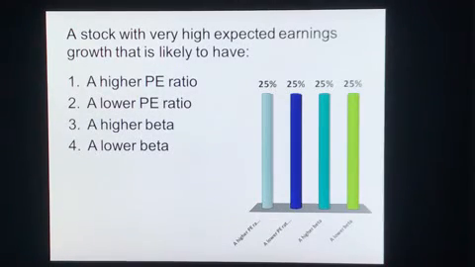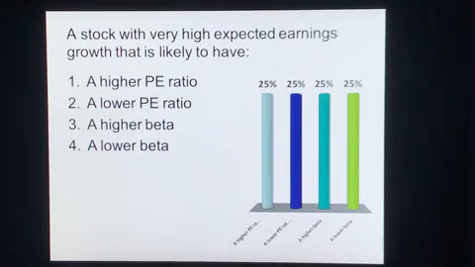Here's a question for you. A stock with high expected earnings growth is likely to have, if a share or equity has very high expected future earnings, what is going to happen with the price earning ratio and the beta?